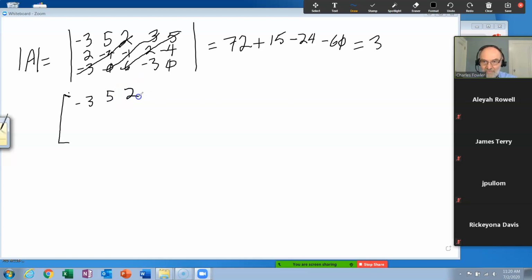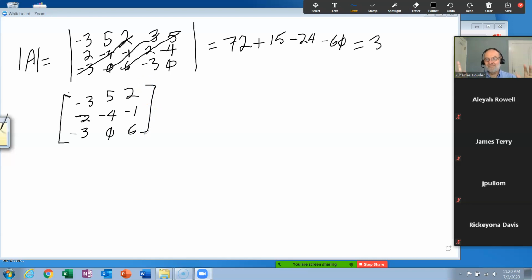I don't need to expand it. 2, -4, -1. Don't need to expand that one. -3, 0, and 6.